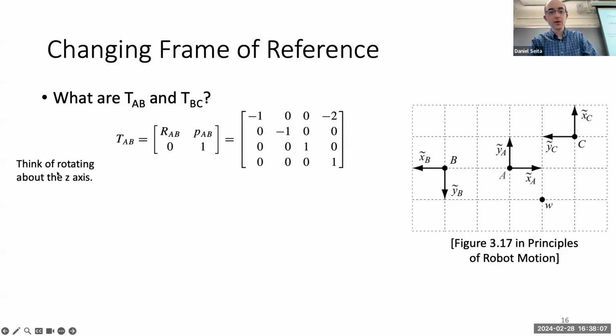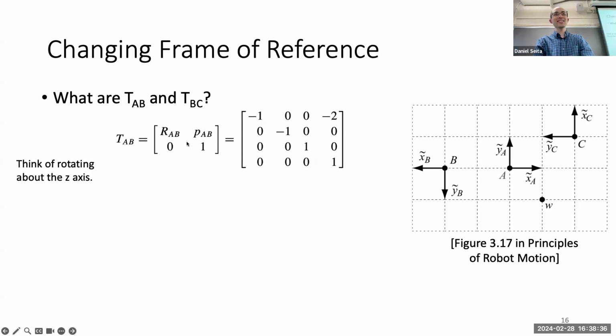The way to think about TAB in this case is that it's going to consist of some rotation where we use the same subscripts. So it's AB, not BA, but AB. And then you have your rotation matrix and the translation vector, and then it equals this, right?